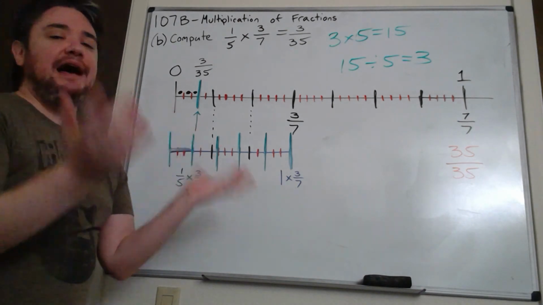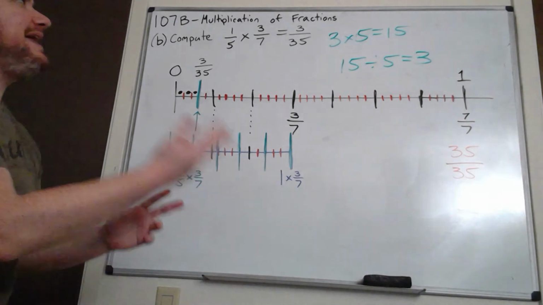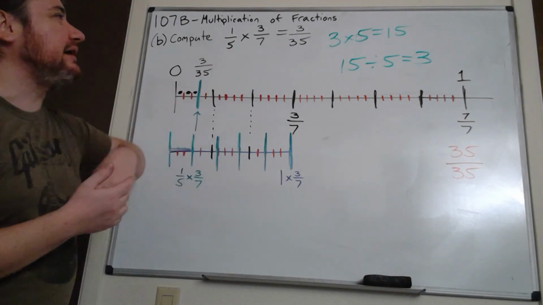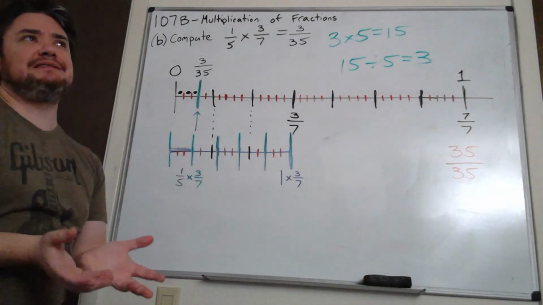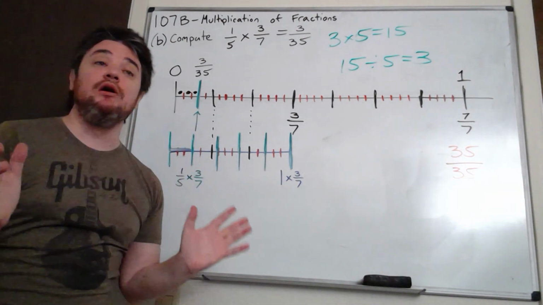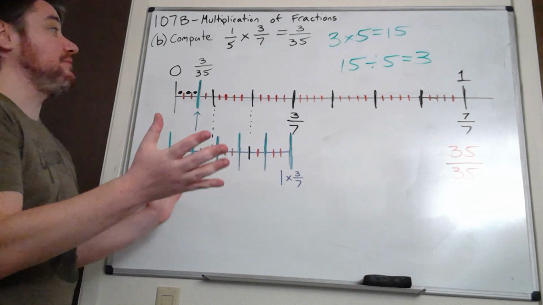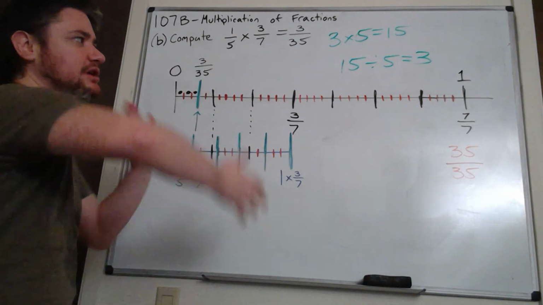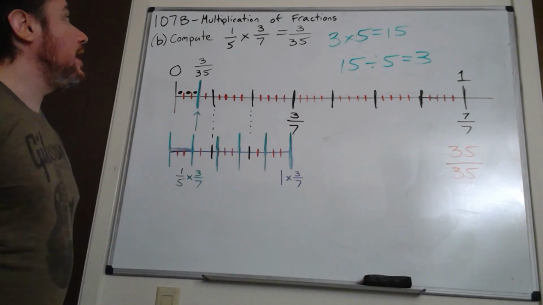So people figured out the tricks by looking at a bunch of examples, maybe figuring out the long way, and then saying, okay, I see a pattern of what's going on here. Like, where's that 35 coming from, right? So eventually we'll start putting those pieces together, but we can't take those for granted now. We're putting ourselves in the shoes of students who all they know is the definition. All they know is how to establish wholes, break them up into pieces, collect them. And so that's really all we're doing here.